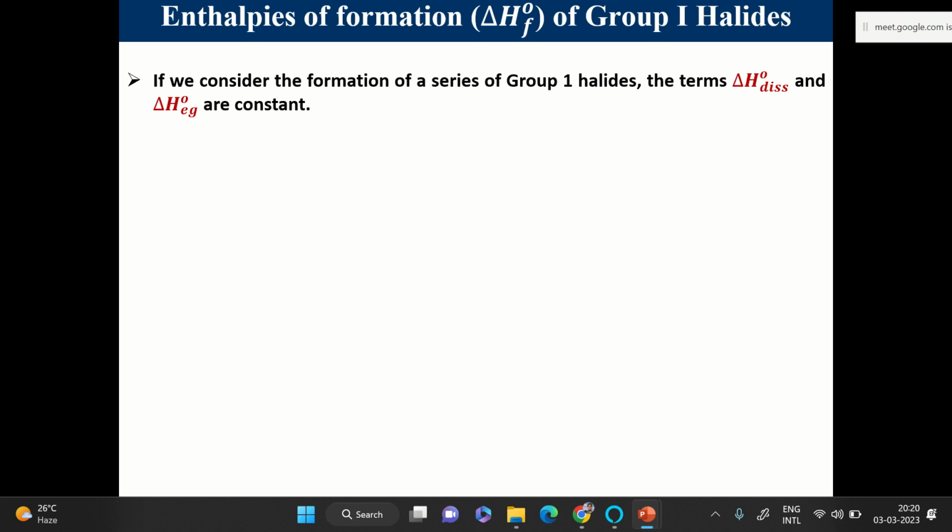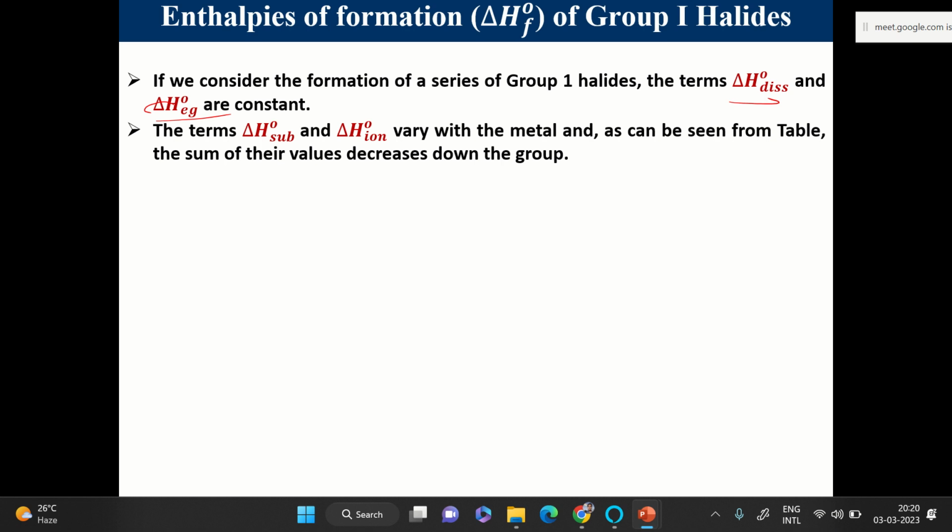Now, if we consider the formation of group I halides, there are two things: the formation and the dissociation energy. If we fix fluoride only, fix the fluorine and move down the group from lithium, sodium, potassium, then these two things are fixed, and the only variables will be sublimation and ionization, which is also given in the table.